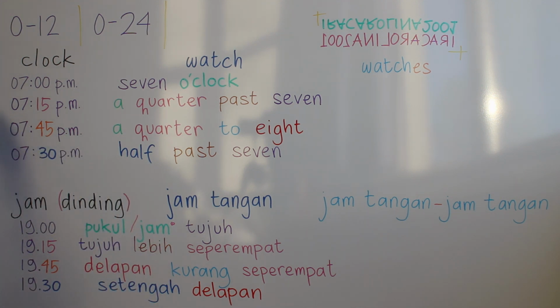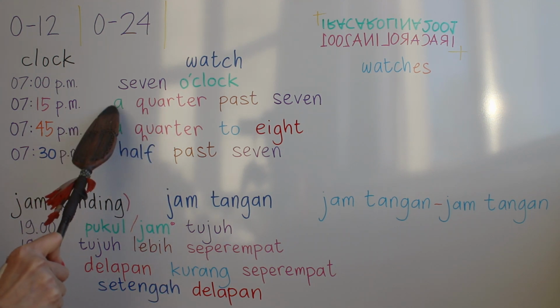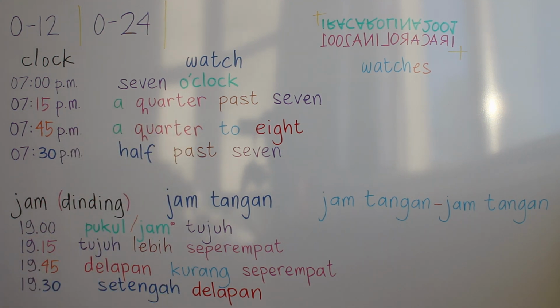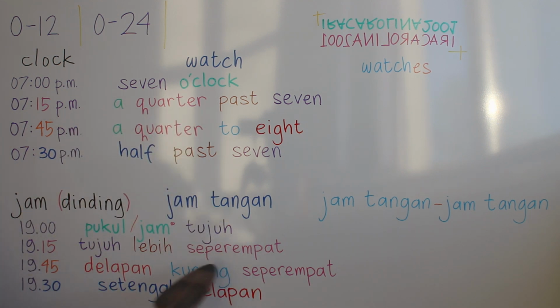And now 7:15 p.m. we write it with 19 and then dot and then 15. Again, in English, in this case we say a quarter, but in Indonesia we say 7, and then the quarter after the past.